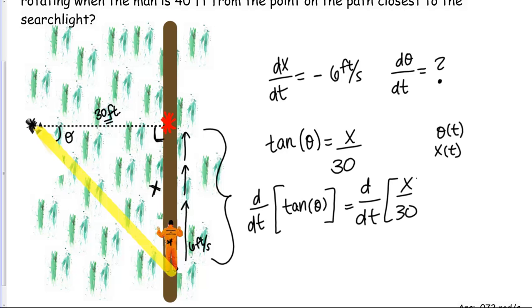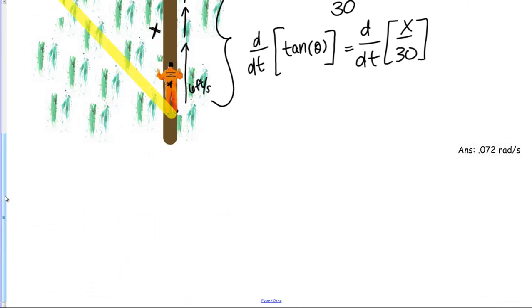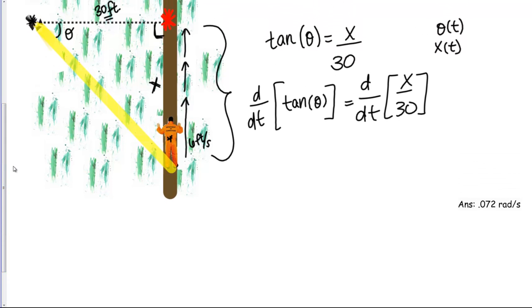So I'm taking the derivative with respect to time of both sides. What's the derivative of tangent? Well, we know it's secant squared. So the derivative of tan theta is secant squared theta, but because theta is a function of time, I need to multiply by that derivative. So this is going to be times d theta/dt.